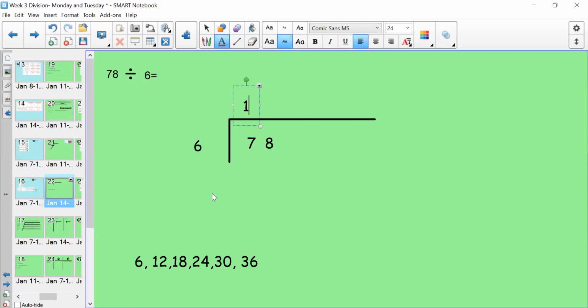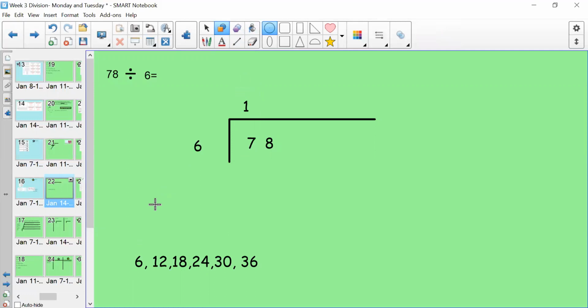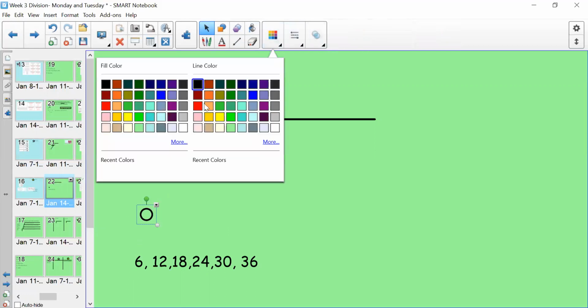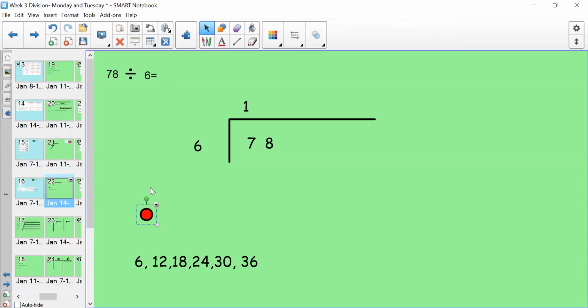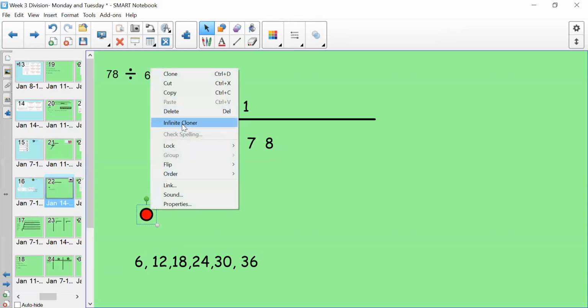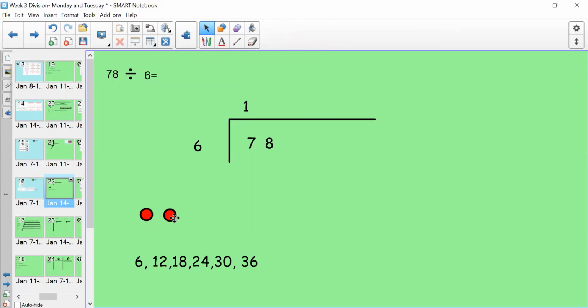Okay, then how many will be left over? So if we had to draw 7 circles, okay, let's draw 7 circles. Let's change their color to red. Okay, so we've got 1, 2, 3, 4, 5, 6, 7.